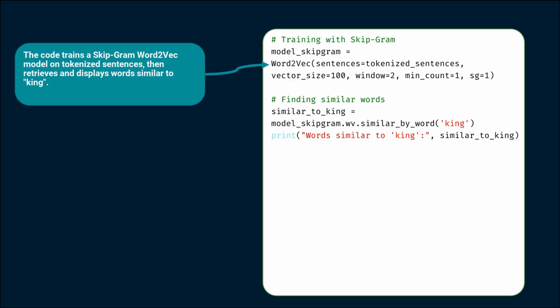This method fetches a list of words that share similar contexts, reflecting the relationships we've captured during the training phase. Finally, we'll print out the results, showcasing how words like queen, prince, and throne naturally cluster around king. This really demonstrates the power of word embeddings in capturing those nuanced semantic relationships.